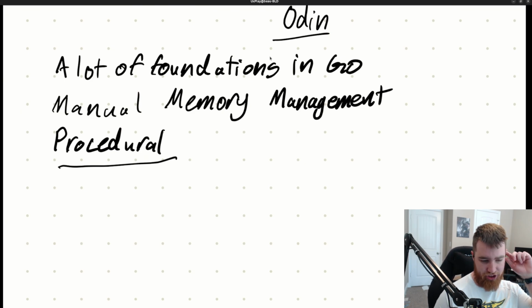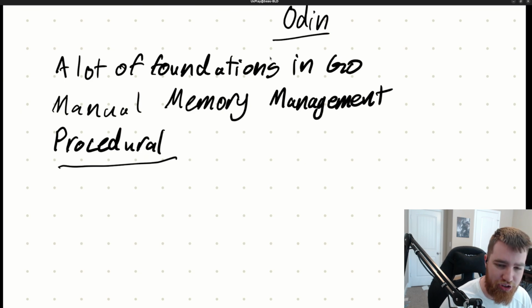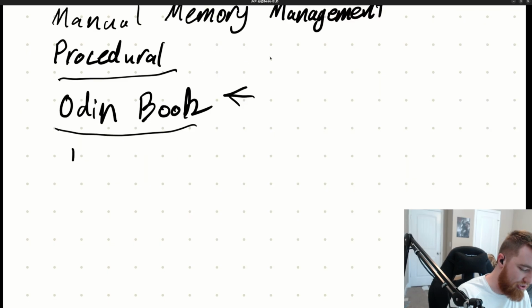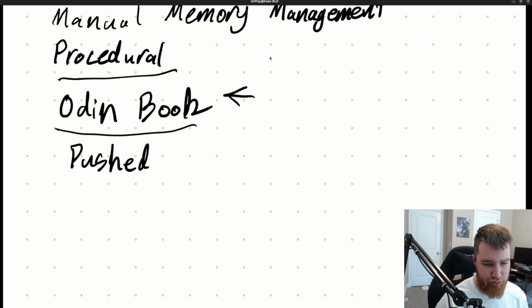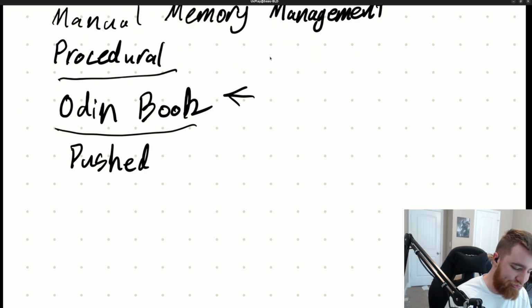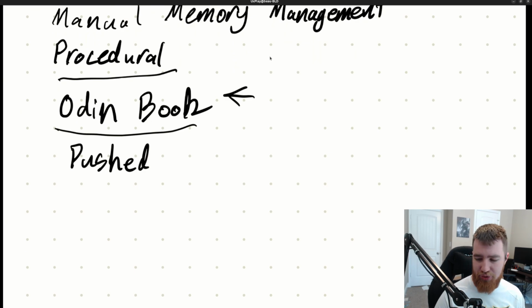But I feel like you don't need to be focused on game programming to really read this book. And it is pushed by Odin itself and the owner. They push people towards this book to use it as a resource, as well as reading the docs, reading the source code, stuff like that. So I highly recommend reading it if you want to get into Odin.